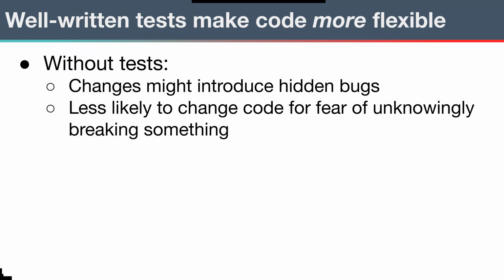Without tests, changes might introduce hidden bugs, and we're less likely to change code because maybe we'll break something somewhere else in the program and we won't know about it until decades later or weeks later or something like that. But with good, clean tests, we can find out right away, as soon as we run tests, if a change broke something that is already being tested.